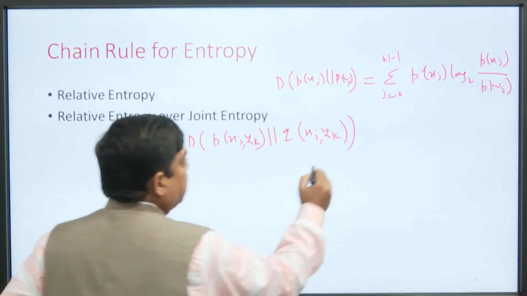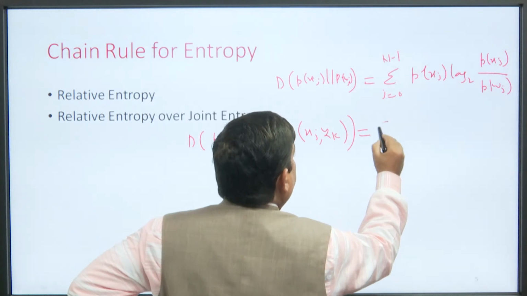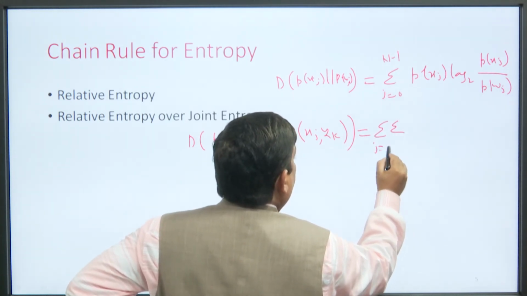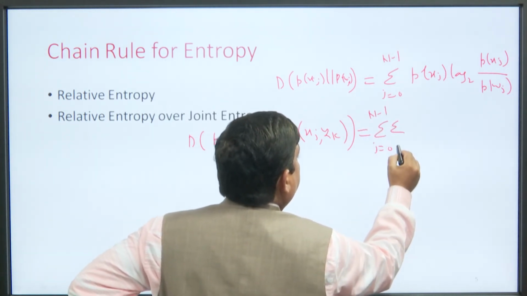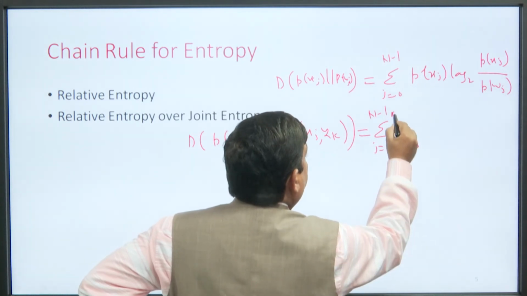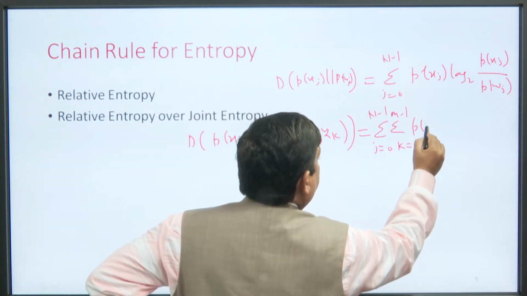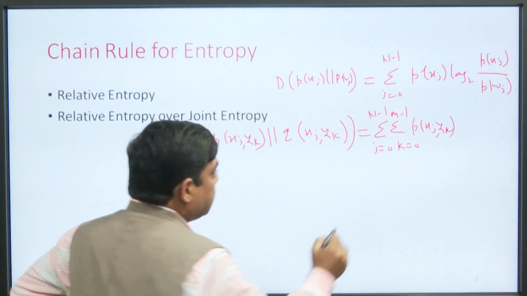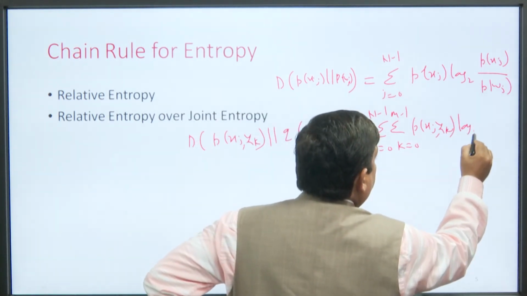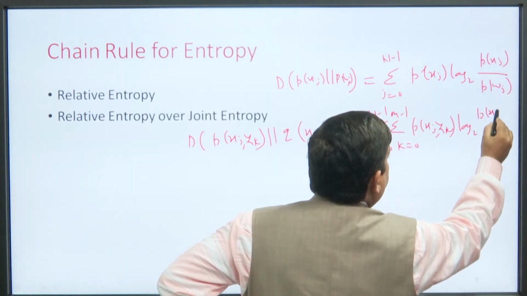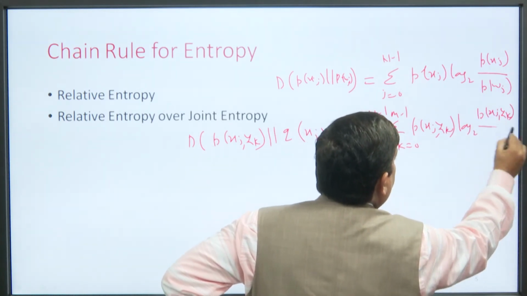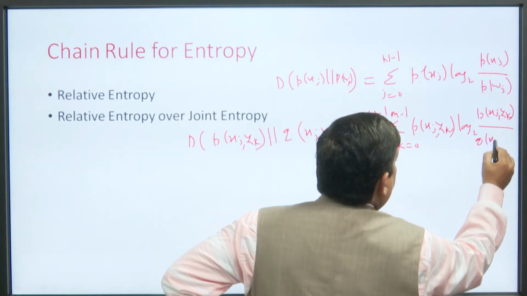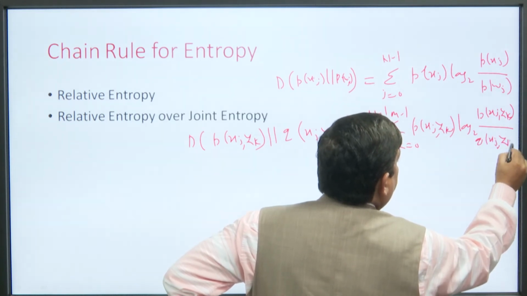This can be written like this, summation over j, summation over k, joint probability p(xj, yk) log of base 2 p(xj, yk) divided by q(xj, yk).